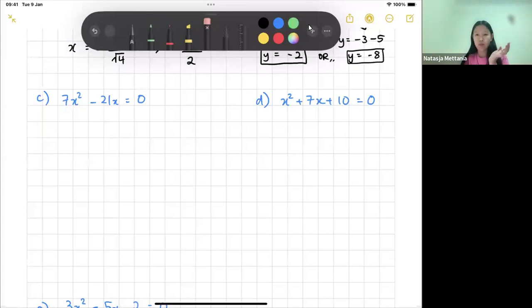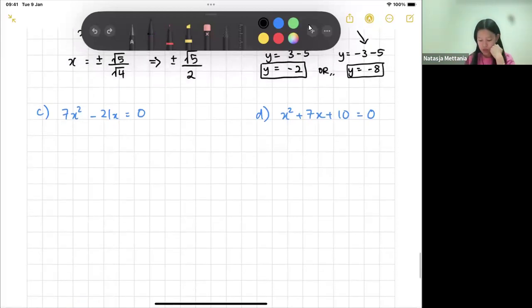Okay. So it can't be using grouping in pairs. I can't really use difference between two squares because these numbers here are not perfect squares. Okay. So that means it leaves me up to HCF, highest common factor. So let's look at it here. My highest common factor between 7x squared and minus 21x is going to be 7x.